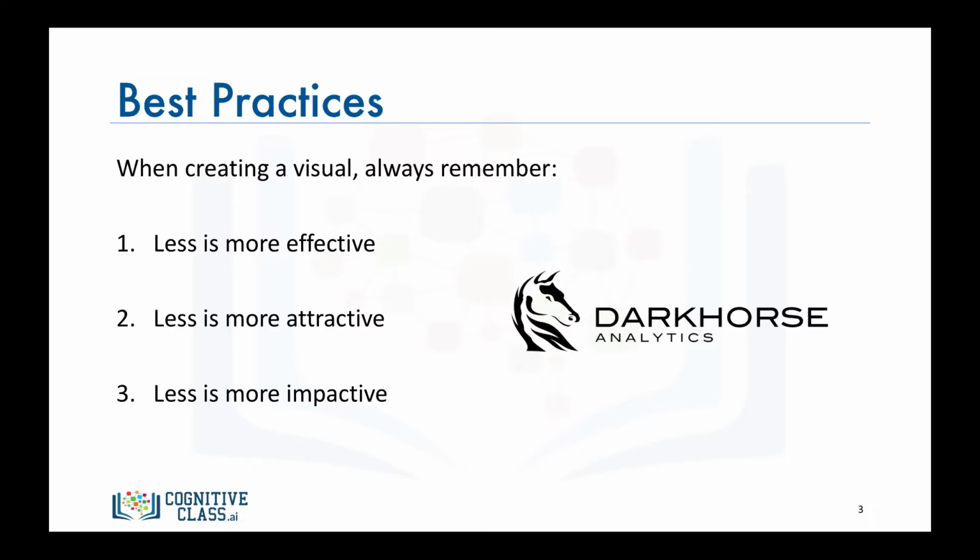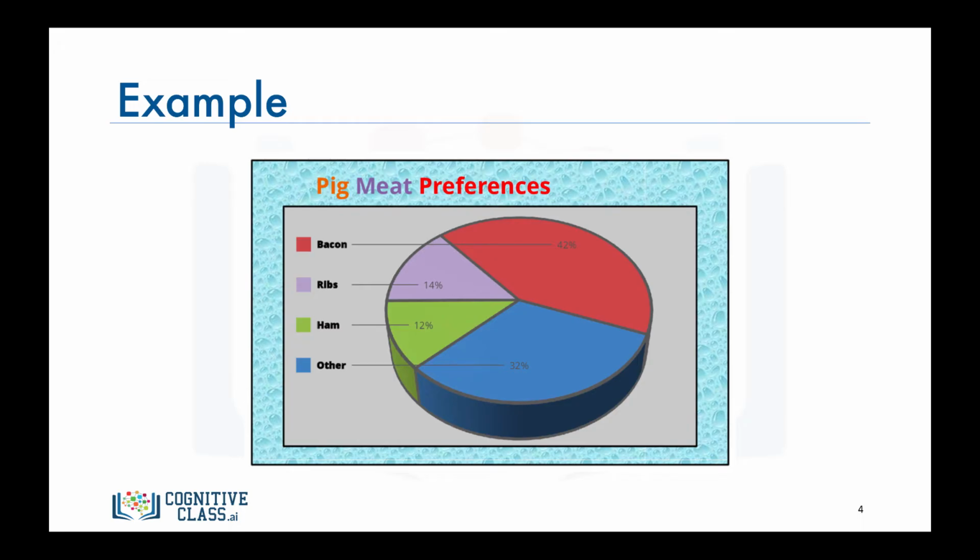Let's take a look at an example. So here's a pie chart of what looks like people's preferences when it comes to different types of pig meat. The chart's message is almost half of the people surveyed preferred bacon over the other types of pig meat. But I'm sure that almost all of you agree that there's a lot going on in this pie chart, and we're not even sure if features such as the blue background or the 3D orientation are meant to convey anything.